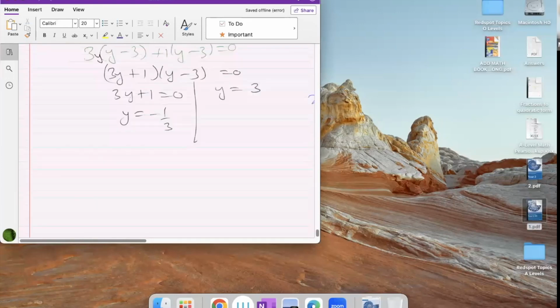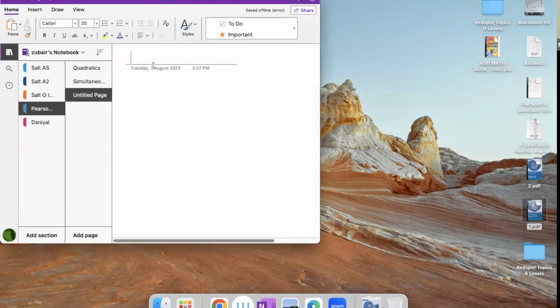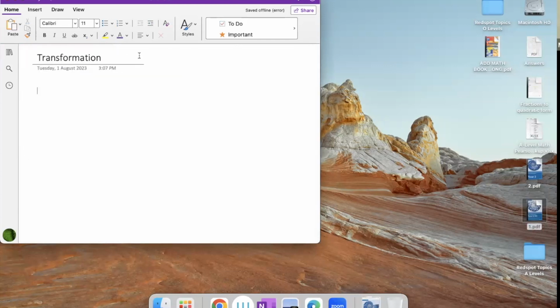Fourth topic is transformation. And this transformation is related to graphs, sketches.